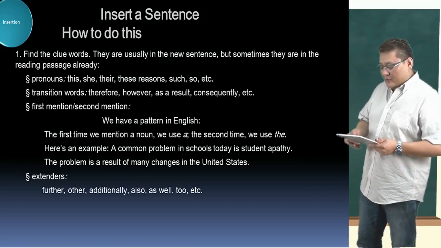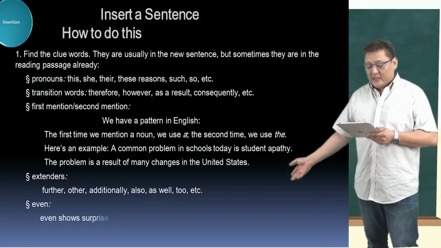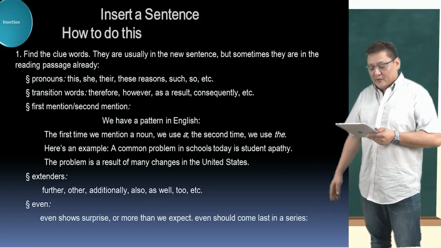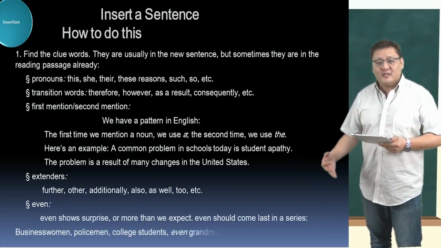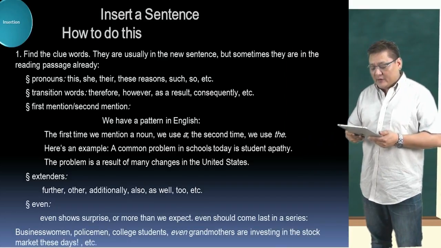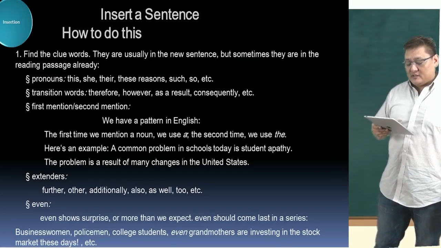Okay? Now, the next one is called even. And you're like, what is even? Now even shows surprise. For example, even grandmothers are interested. Something before tells you even. So if I don't look at it, because even grandmothers are investing in stock markets these days, right?